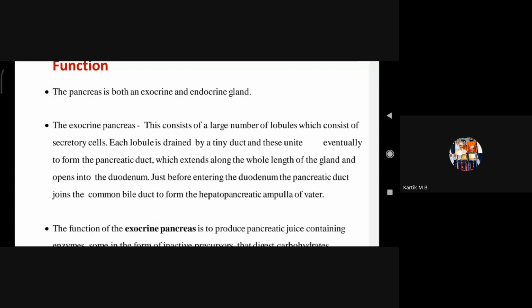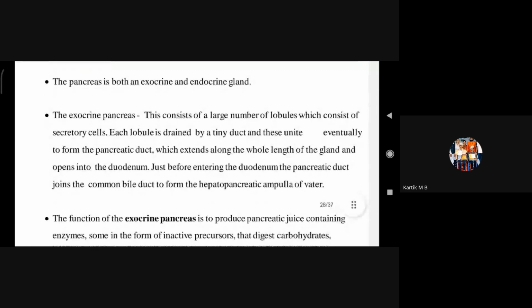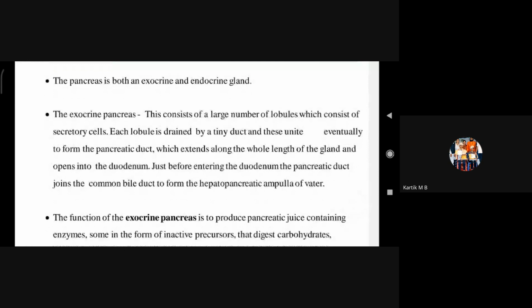That common portion is known as the hepatopancreatic ampulla of Vater. Hepato comes from liver, and bile juice is secreted by the liver. That is why hepatopancreatic.